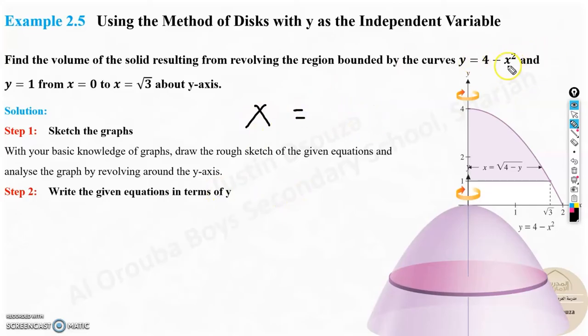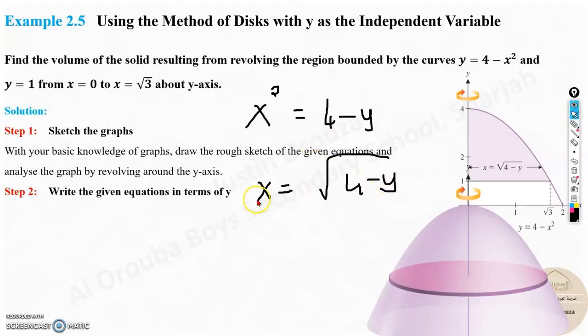That is, x square, when I take it to the other side, will be 4 minus y. But you need to remove the square, so take square root. This would be the answer. So you're writing in terms of y, that means x at one side and equal to all the terms at the other side. So this is it. So this is the given equation. So rearrange and write it like this.